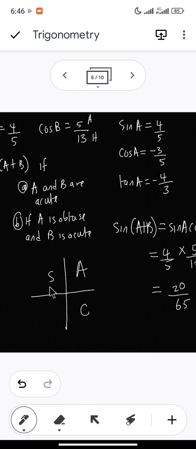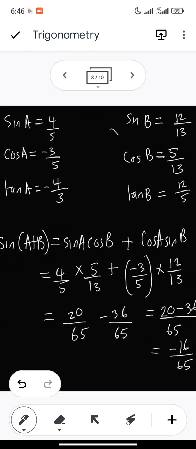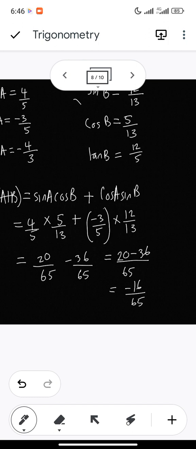When A rests here, everything here is negative except sine. That's why our sine remains positive, and our cos and tan have negative signs. We didn't make use of tan, but just in case the question requires you to make use of tan, that's why we have to change this. That's the only variation in the two questions. And you see that obviously we got different answers from our calculation.